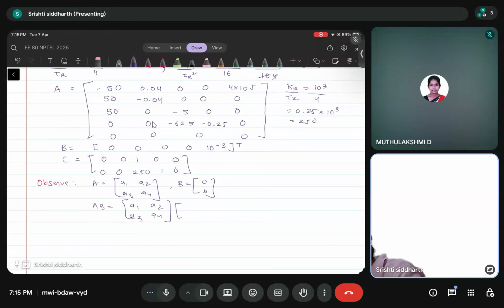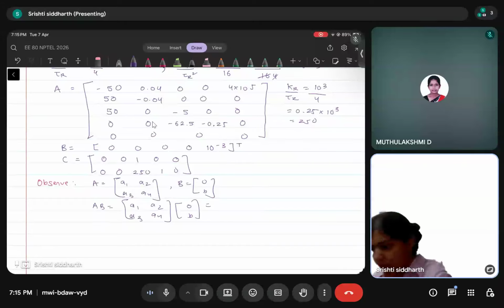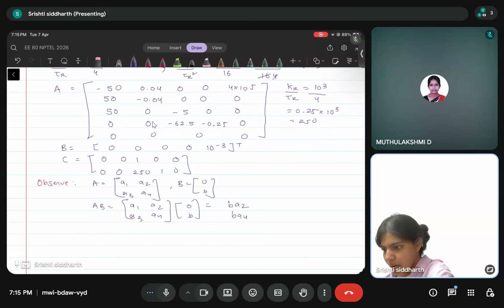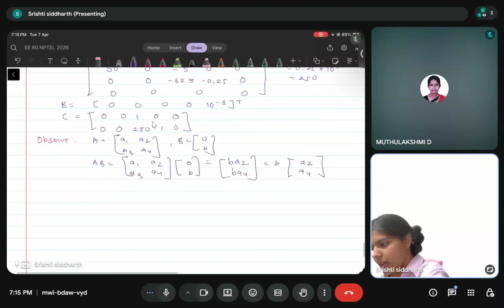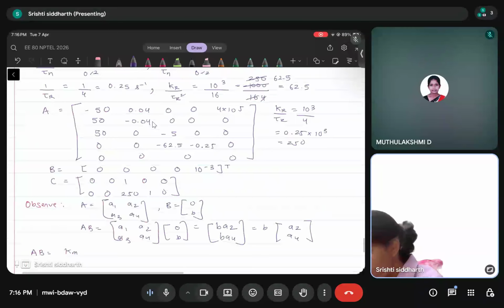This is B times A2, B times A4. This is the last entry times the last column of it. So AB is Kn times the last column of it.